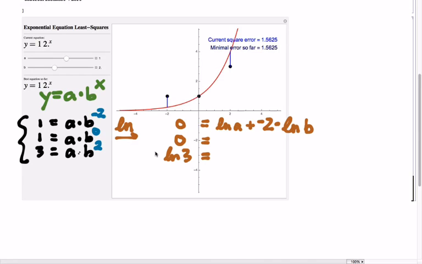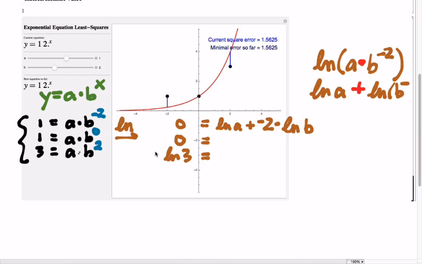Right. There I'm just using the properties of logarithms. If I wanted to spell that out just a little bit more, b to the -2. First, using the property of logarithms that says that multiplication turns into addition. Multiplication on the inside is addition on the outside, so this is natural log of A plus the natural log of b to the -2.